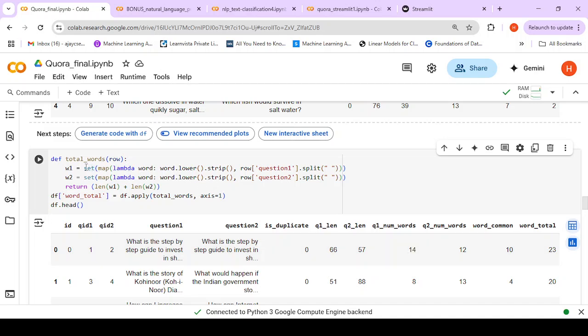So I apply set on this. When I apply set on the different questions, I will get all the unique words. Let's say 'the' is repeated twice, it will give it to me only once. And then I add the length of both.